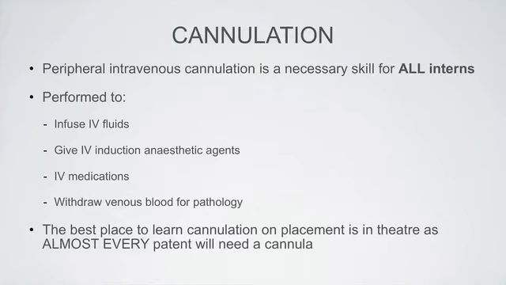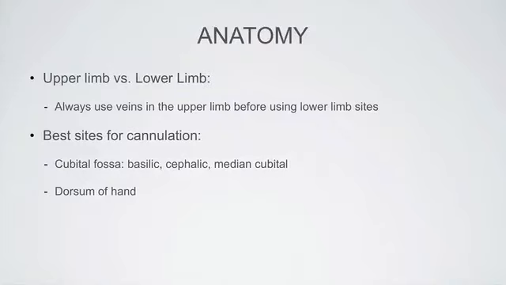So let's first talk about the anatomy to consider when you're cannulating a patient. First, you want to consider cannulating the upper limb before the lower limb. And the best sites for cannulation are the dorsum of the hand, the forearm, and the cubital fossa. We can see the basilic vein running medially, the cephalic, laterally, and the median cubital vein in between.